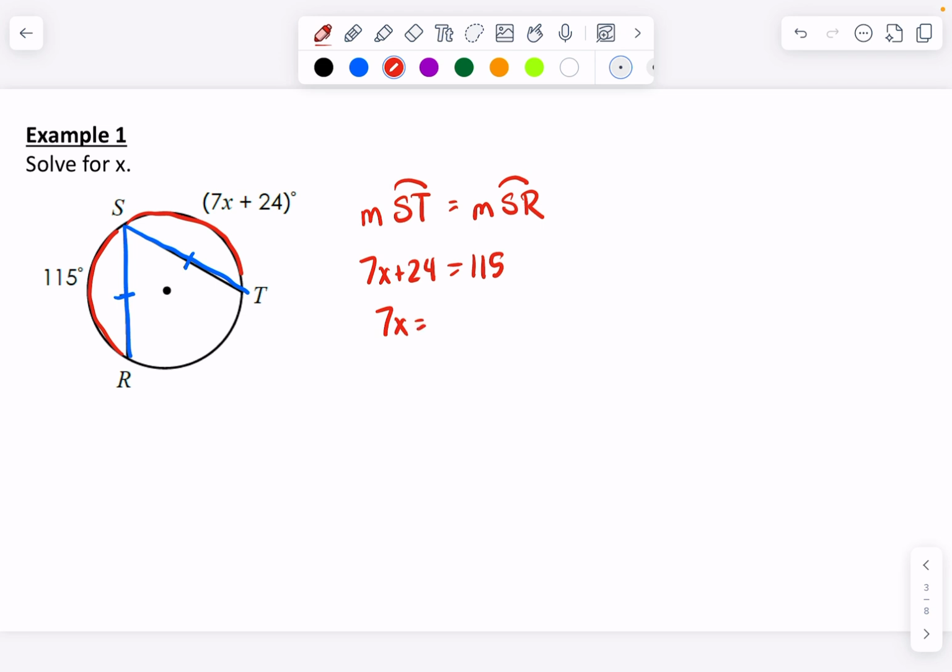I subtract 24 from both sides, I get 91. I divide by 7, x is going to equal 13.